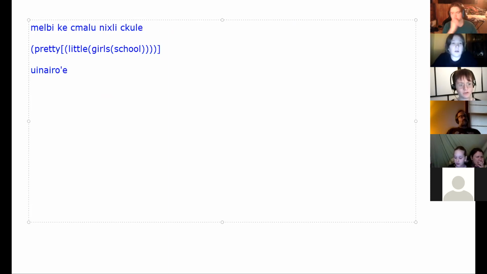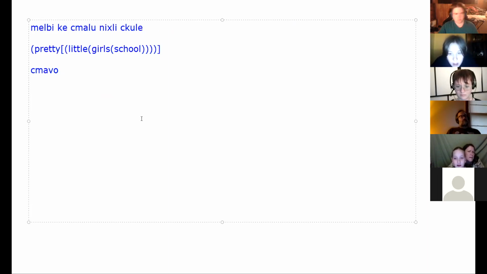Wouldn't you put a space between ui and nai? No, you don't actually have to with the cmavo. You could, but let me just explain the cmavo for a second. So the cmavo are the third type of word in Lojban.